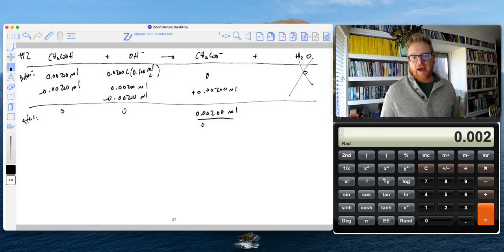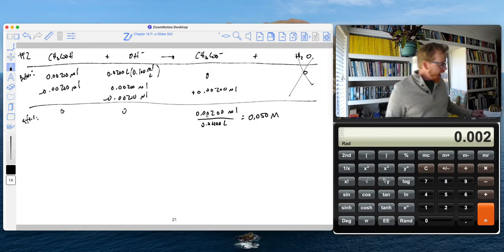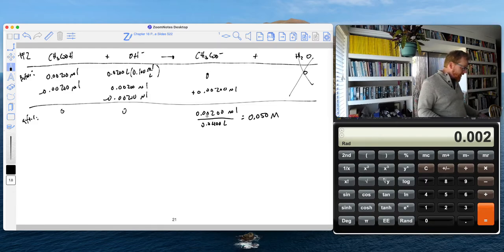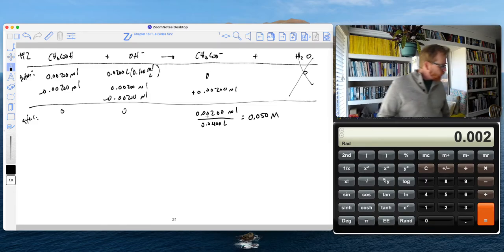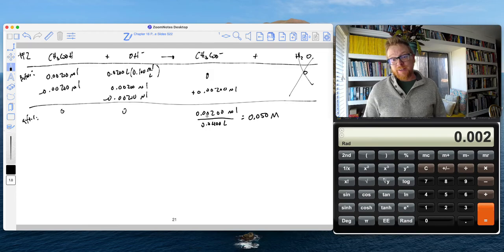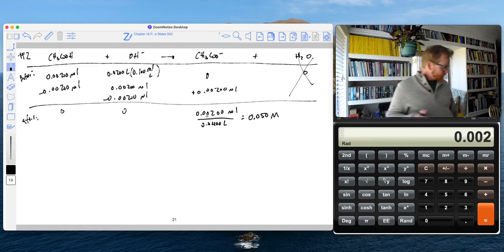So I'm going to divide that by 0.0400 liters, same as 40 milliliters, and that gives me 0.050 molar acetate. But now what we have going on here, we need to do a RICE table.